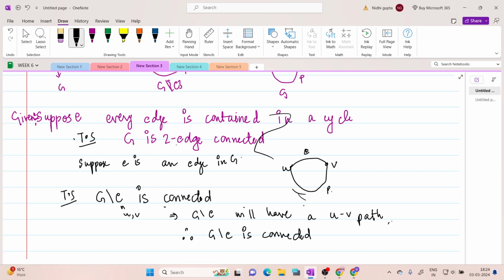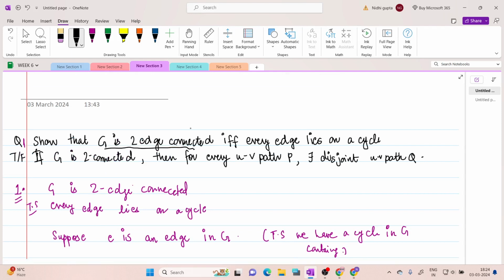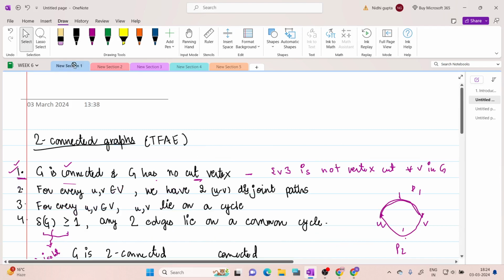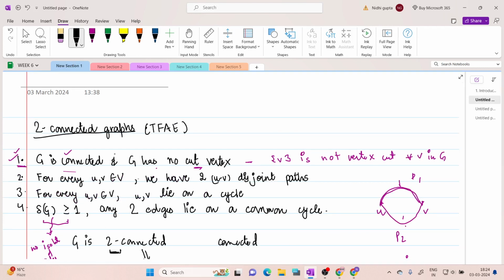So basically, this question is giving us a nice necessary and sufficient condition. In class we saw that for 2 connectedness, there are these nice conditions: that G should be connected and G has no cut vertex.